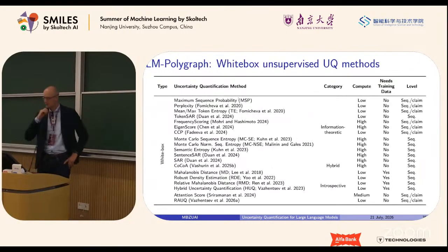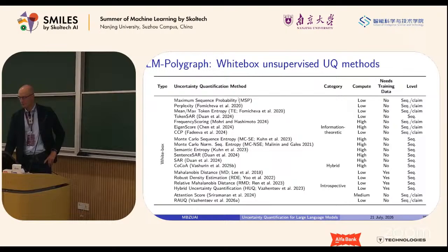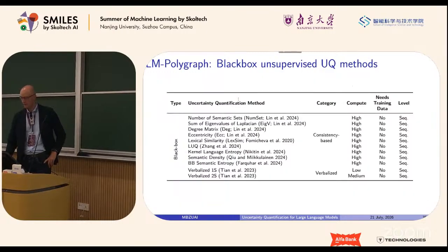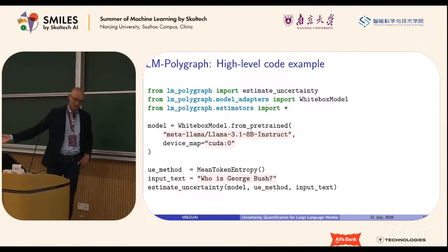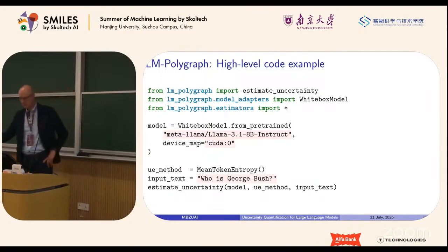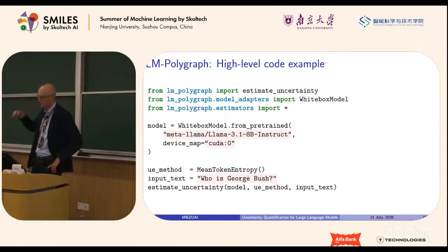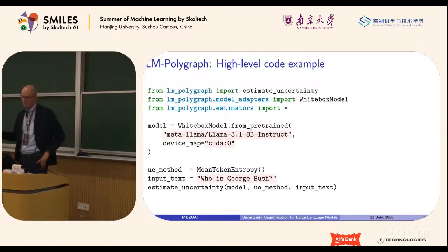All right, so just a couple of slides showing how many methods we implemented. There are different categories of methods. There are some white box methods, there are some black box methods. Many of them are in our library, and here's a very small practical example of how you can integrate uncertainty in your code. I think it's pretty straightforward. You can see it's pretty easy to add in your code.